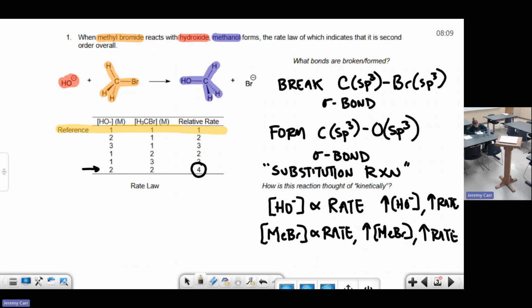Now, in these instances where this starts to happen, we can see that the rate of this particular reaction is proportional to hydroxide and methyl bromide. And you may recognize an expression that looks kind of something like this.